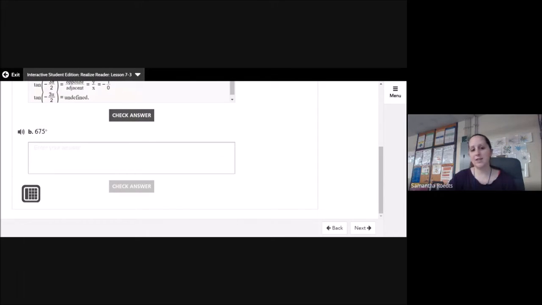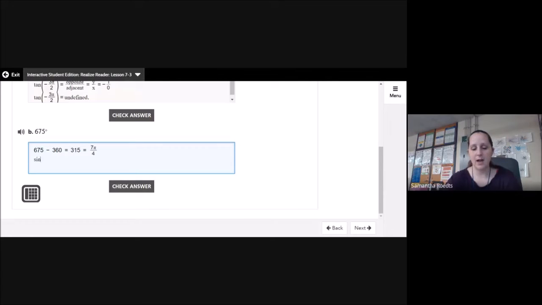Okay, then I have 675 degrees. So I want to figure out where that would actually be on my unit circle. I know that there's 360 degrees in a circle, so 675 minus 360 gives me 315. So 315 degrees is equal to 7 pi over 4, which is in quadrant 4.